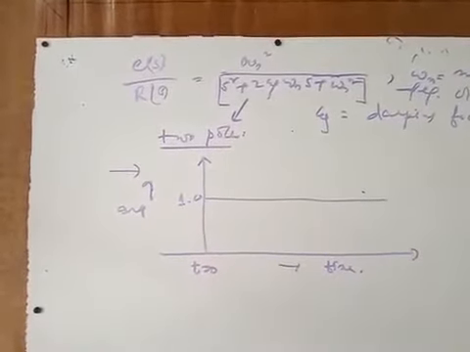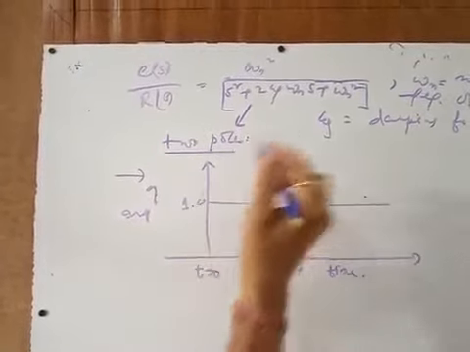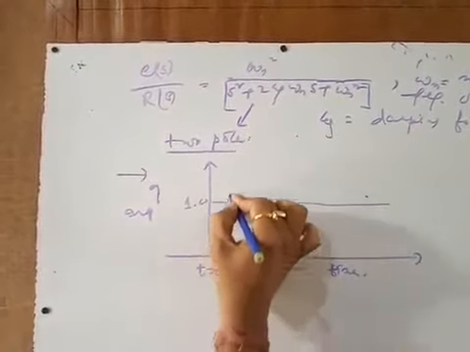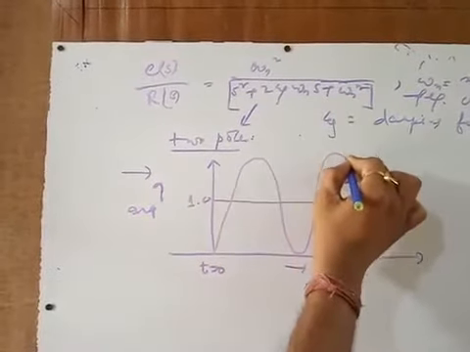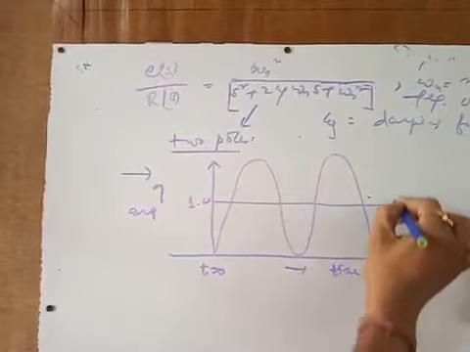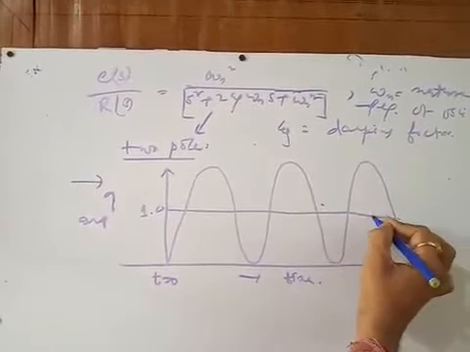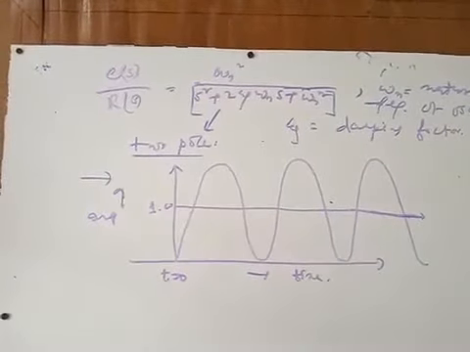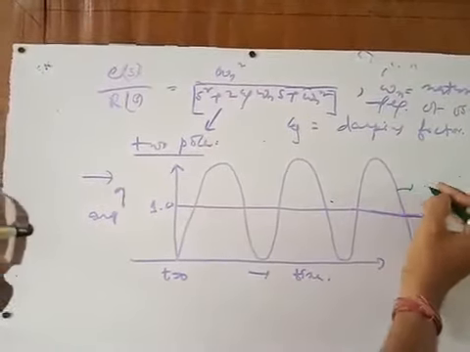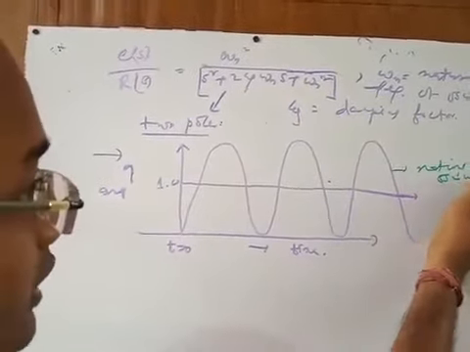Now if there is no damping, what could be happening? That means the system response is like this. How the system response is like this for a second order system, that mathematical formulation I will show you. This is the natural oscillation.